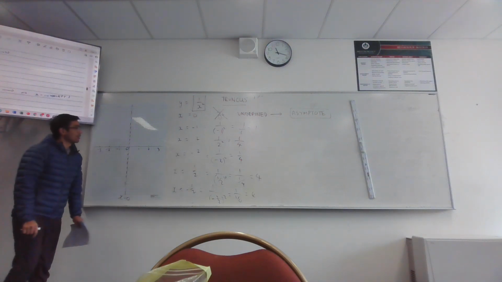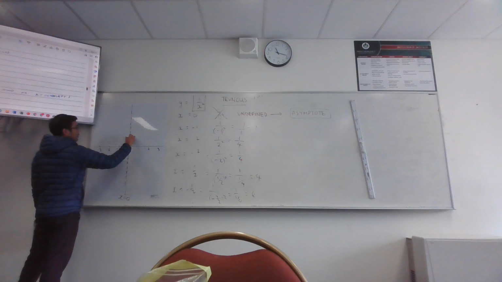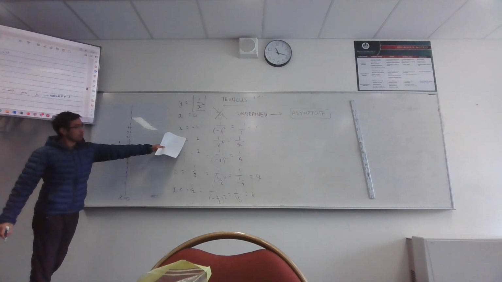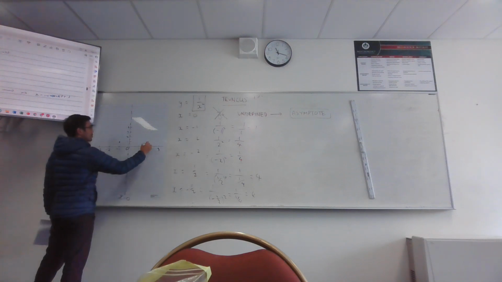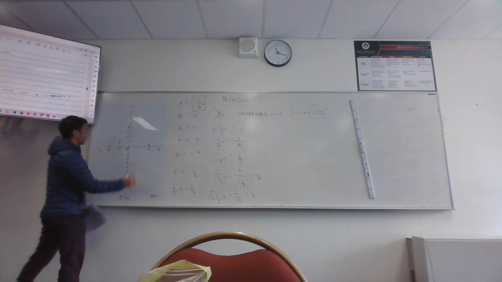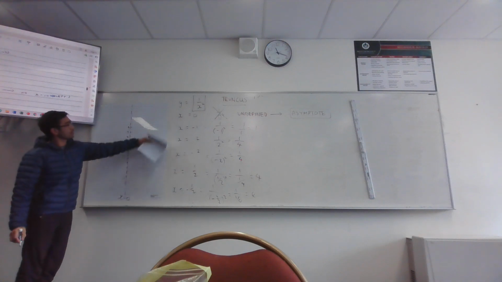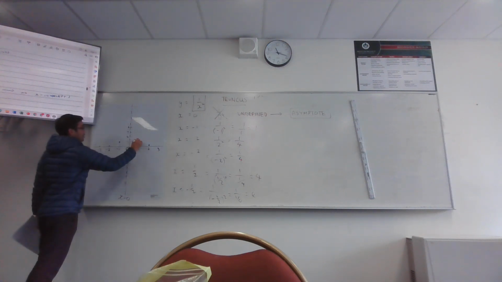Okay, so -1 is a 1. 1 is a 1. 2 is a quarter. 2 doesn't go up to 1, it's a quarter, which is about here. -2 is a quarter, down here.